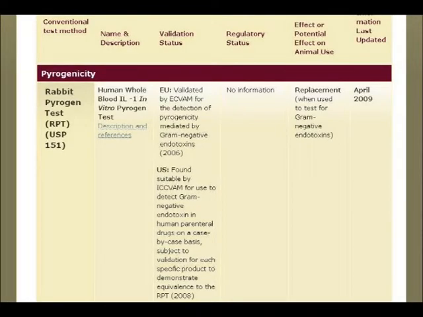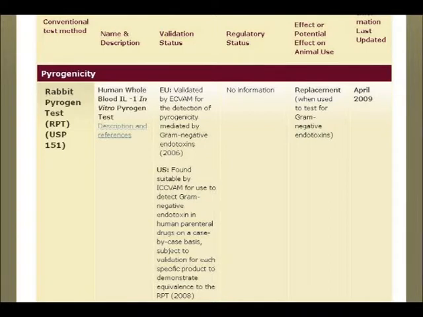This slide is from the Canadian Council on Animal Care. In the top corner you can see the title Conventional Test Method, and it is the rabbit pyrogen test.